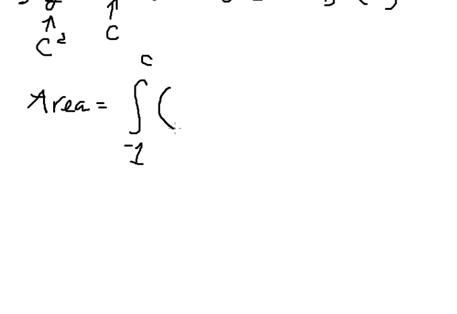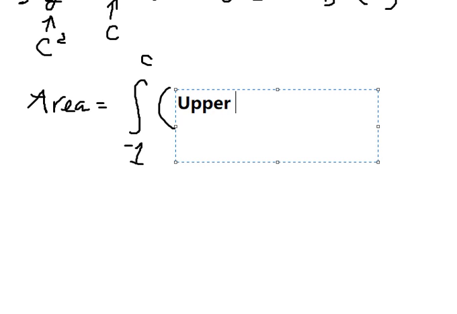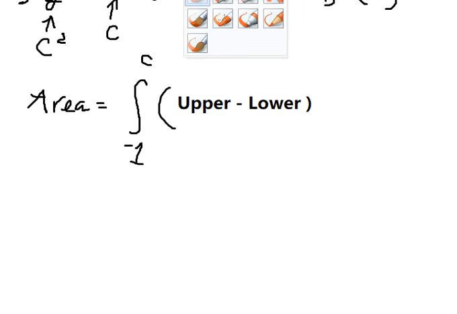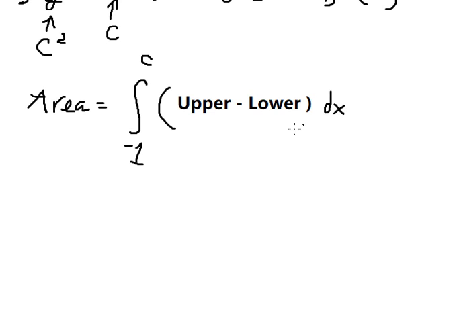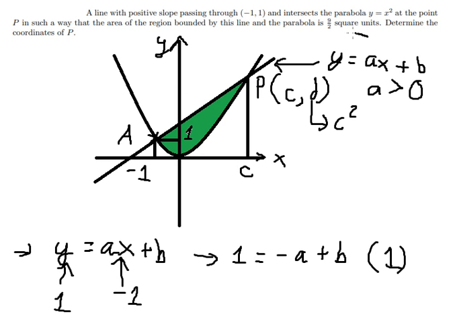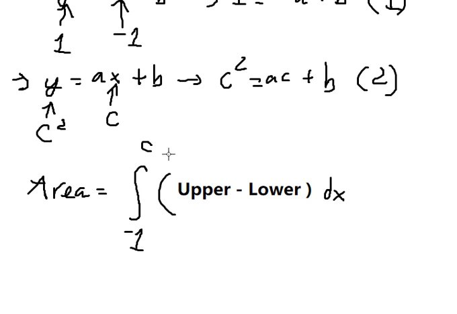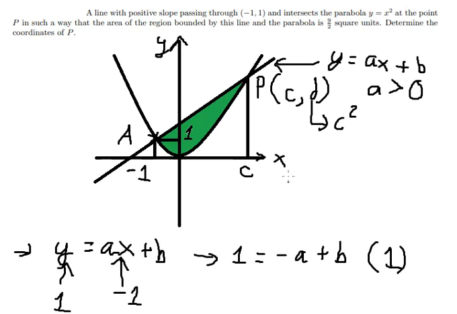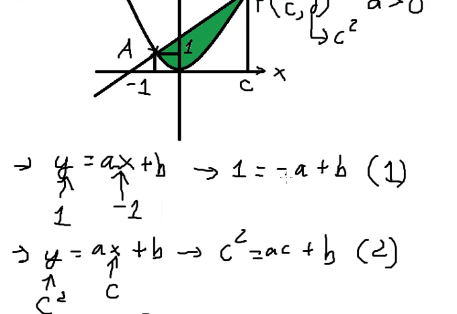To find the area, we need to use upper minus lower, and we put dx. So the upper is y equals ax plus b. So upper should be in here. The lower is the curve in here.